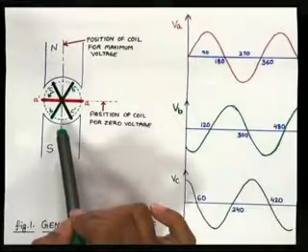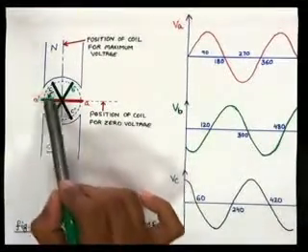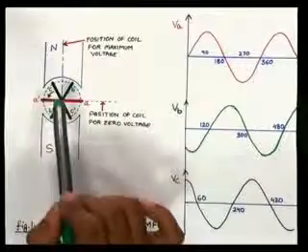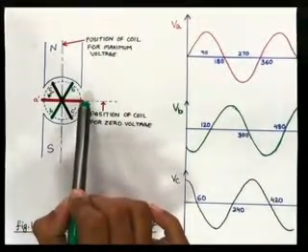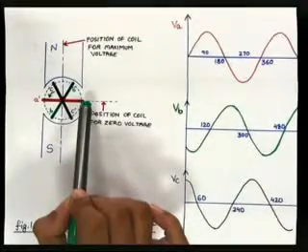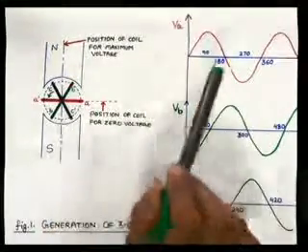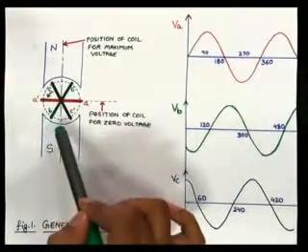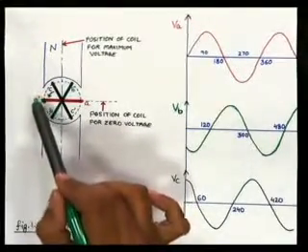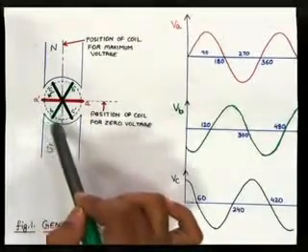In this position, A dash, the flux linking with the coil was maximum, but the rate of change of flux linkages was 0, so EMF induced was 0. But now it is coming under the influence of the south pole. Again the rate of change of flux linking with the coil increases.